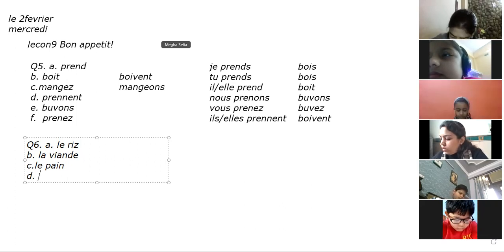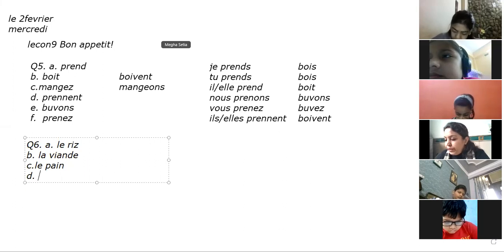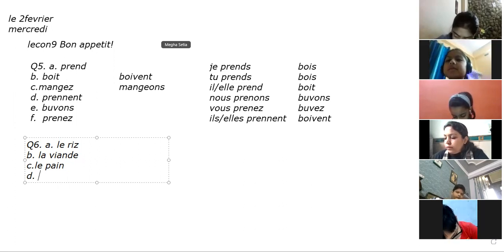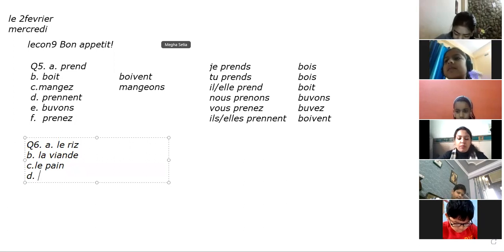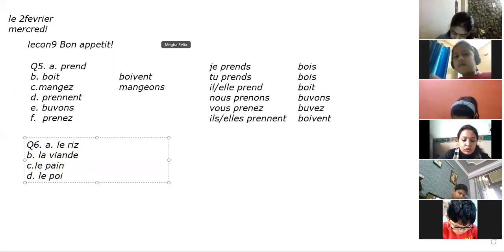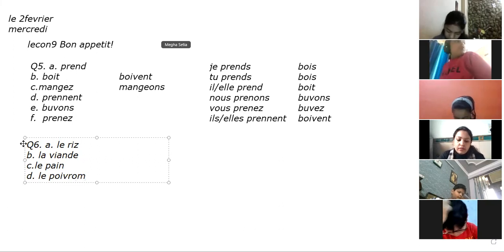Then haricot is your beans. Then poivron is your pepper, and banane is your banana. So all the other three things are eatables. Banana is eatable. Haricot is eatable. Cucumber is eatable. Now poivron is a pepper. It's a kind of salt. So le poivron is your odd one out. Clear? Le poivron.